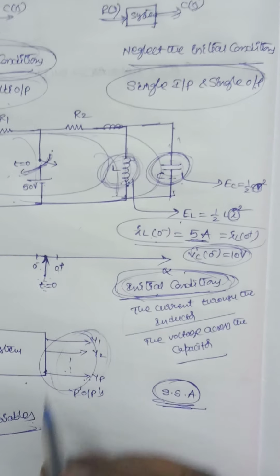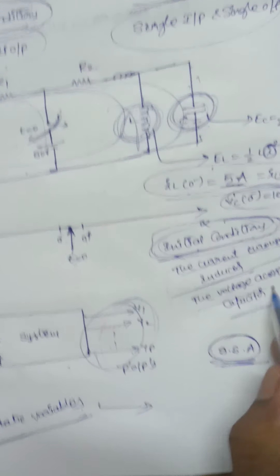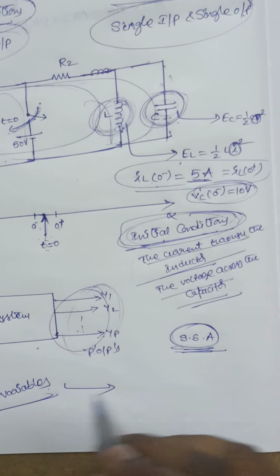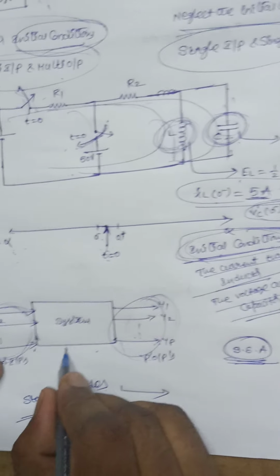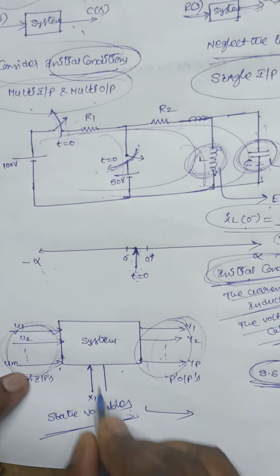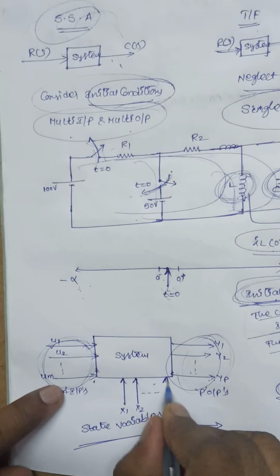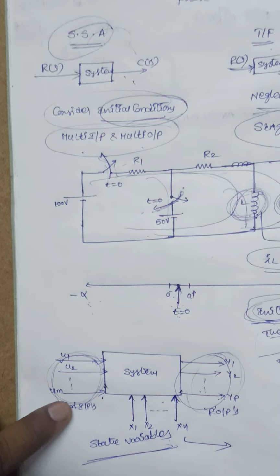This is the past history, and normally the current through the inductor and the voltage across the capacitors are taken as the state variables. The state variables are normally represented like this: x1 is one state variable, x2 is another state variable, and so on. Let us assume there are xn state variables.